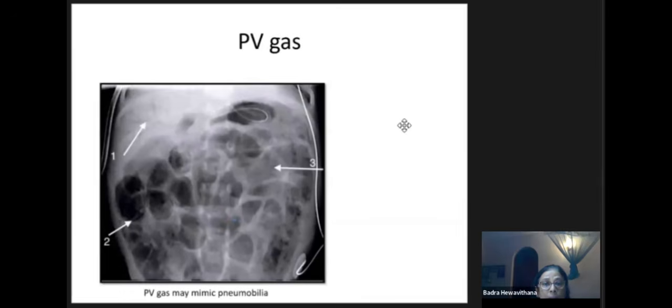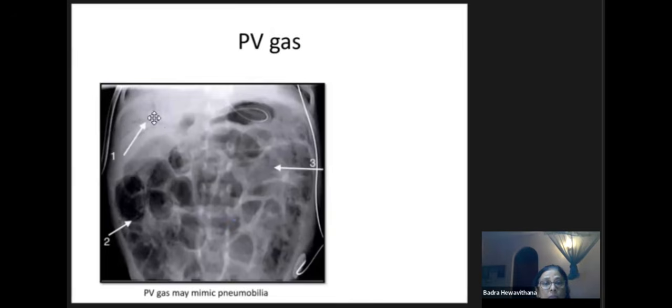What about this one? This is portal venous gas. You can see this arrow, you can see a branching pattern of translucency. Translucency in plain radiography is either fat or air. So air inside the viscera, of course, is not as black as the bowel gas.